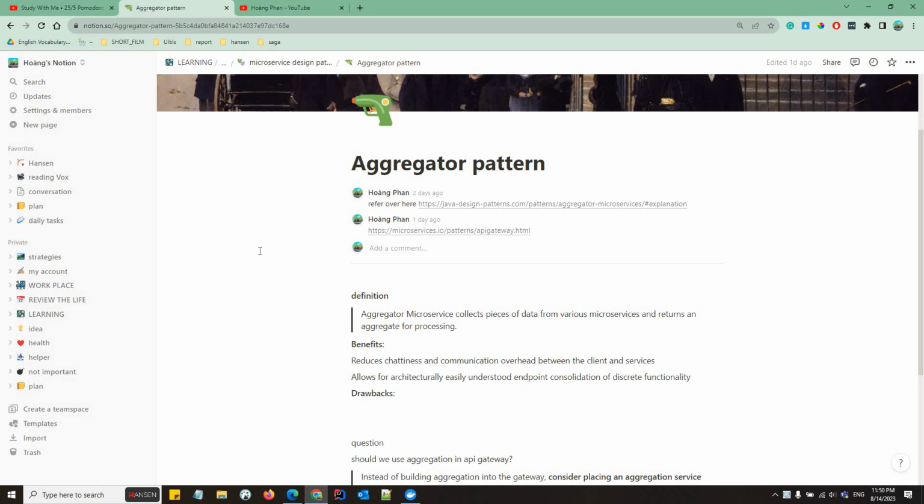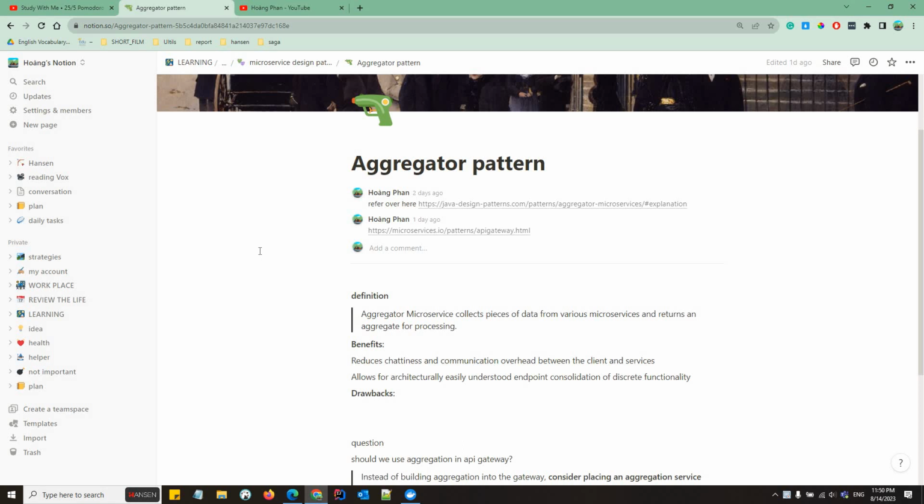Now the solution here is we will have the aggregator pattern. It means that the client just calls one API to the aggregation service, and the aggregation service will aggregate the information, collect the pieces of data from the various microservices, and return the appropriate result for the client.